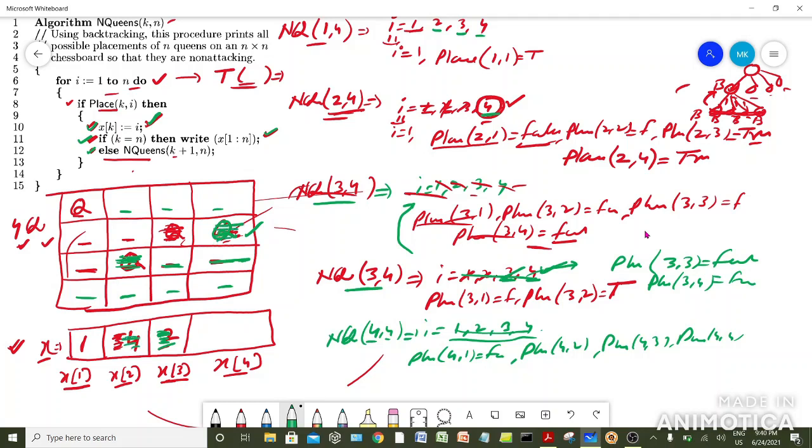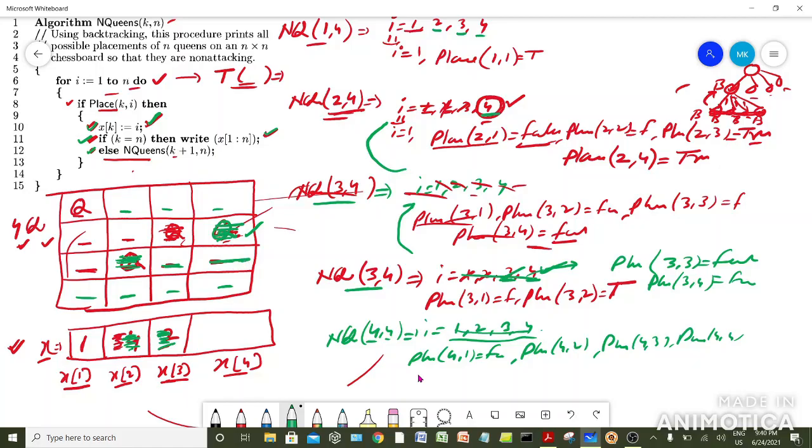We need to just delete this one. So in the second row, queen was placed at the fourth column, and this 4 was also exhausted. It means this has to be deleted, so we deleted this. We deleted the result for the second queen also.